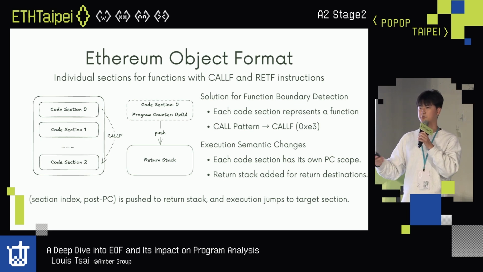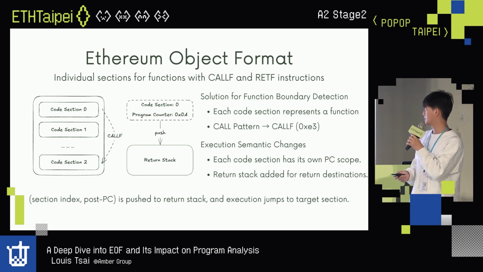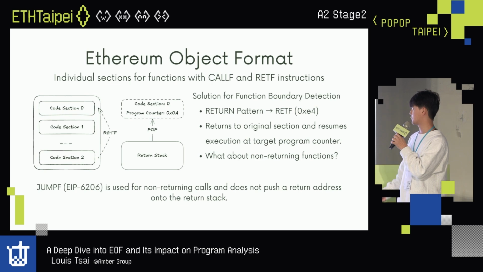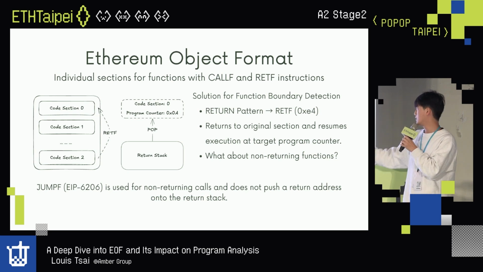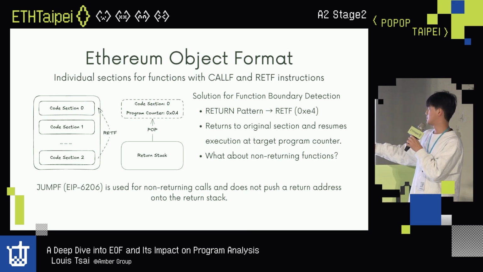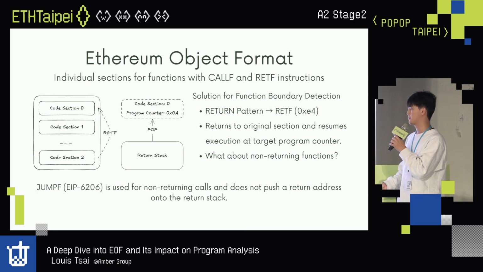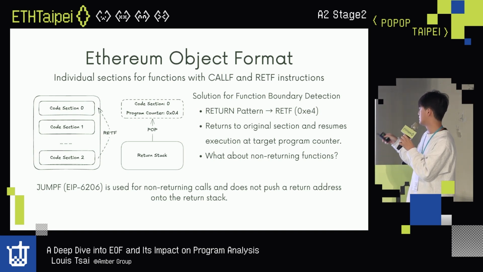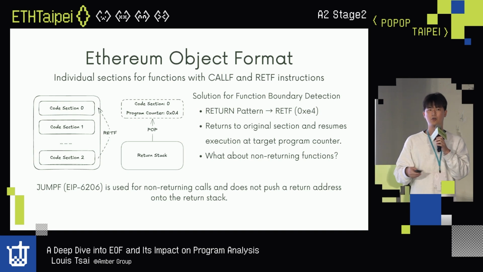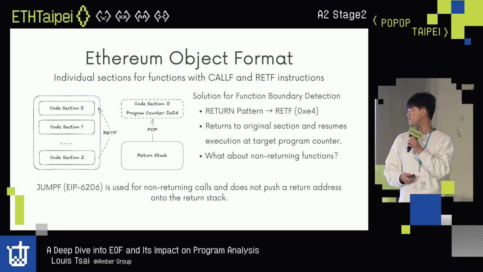And what about the return pattern? Another operation, RETF, is introduced. In RETF, one item will be popped from the return stack, and the current execution will return to the code section specified and the program counter that is provided in the previous CALLF operation.